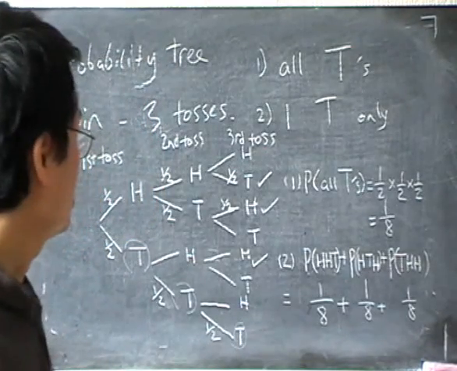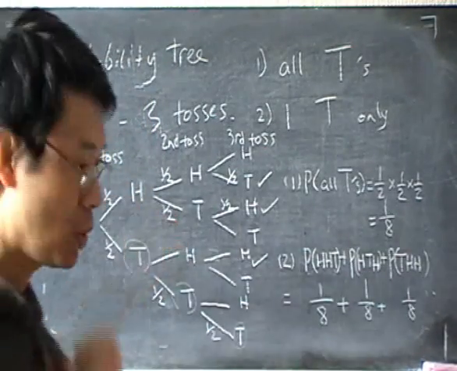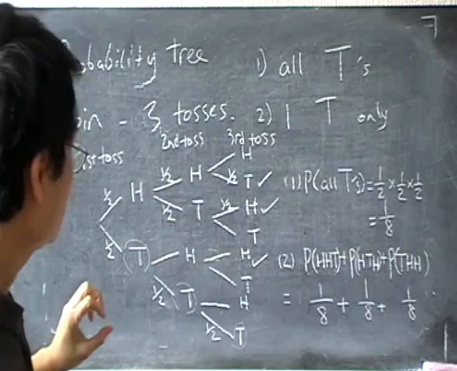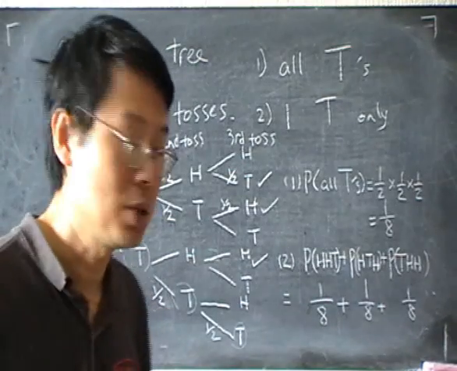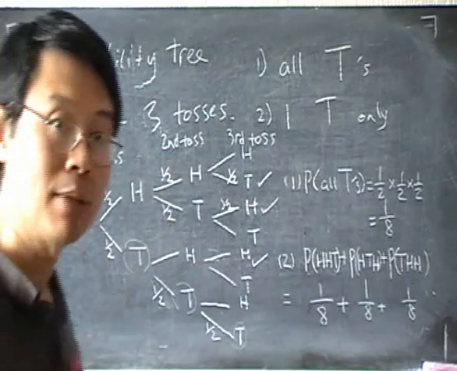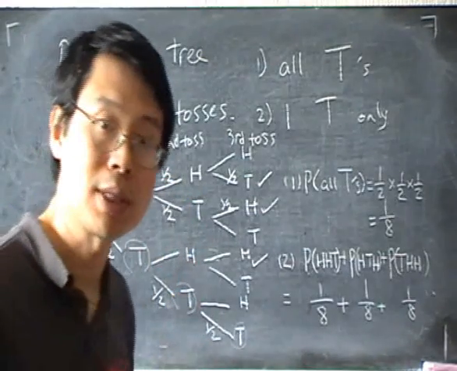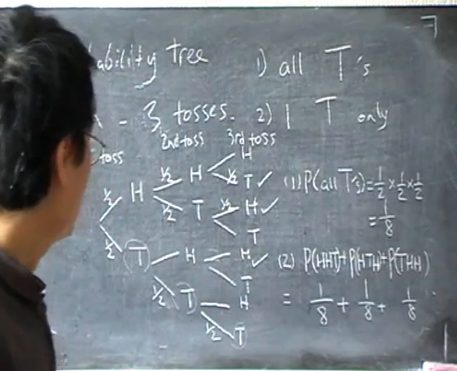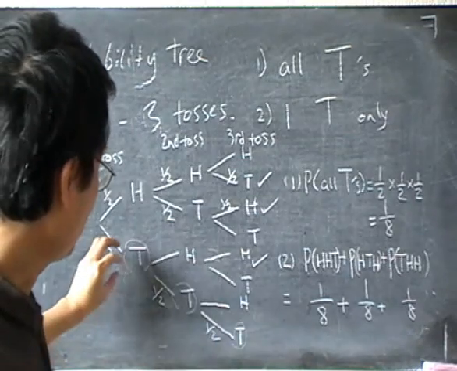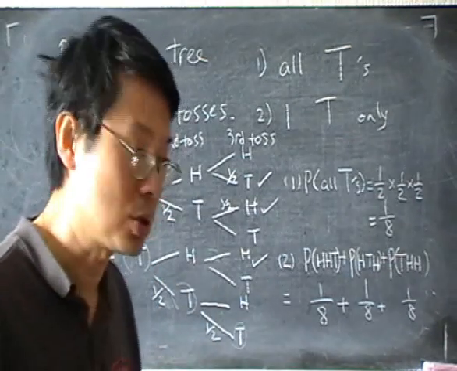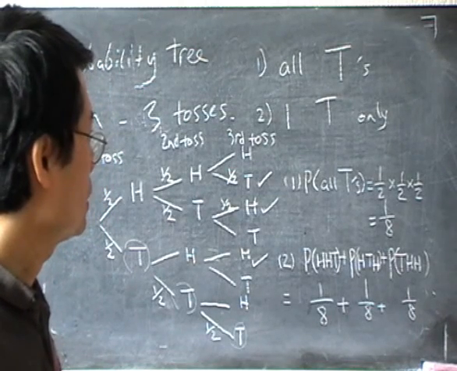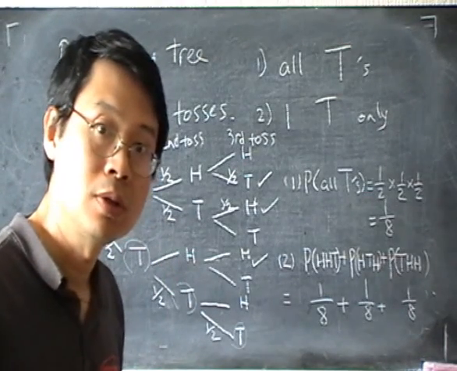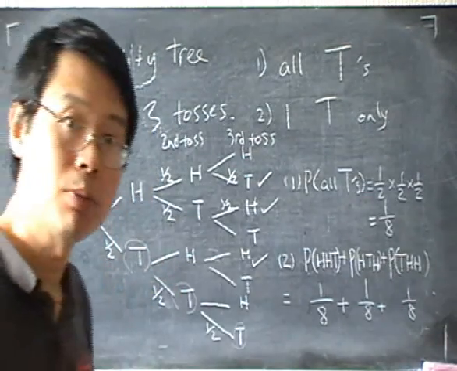Now, if it is about picking balls from a box, then clearly picking the ball once, and if you don't put it back, will affect the probability for the second ball that you pick, because you have fewer balls in the box after picking the first one. You have the corresponding probabilities along the branches, and you'll find that the second time you pick a ball, the outcome is affected by the first time you pick a ball.